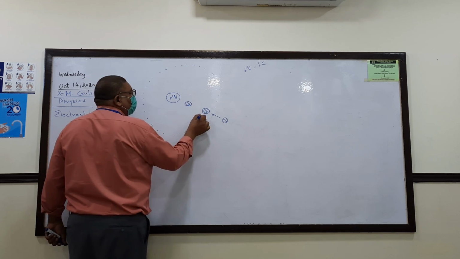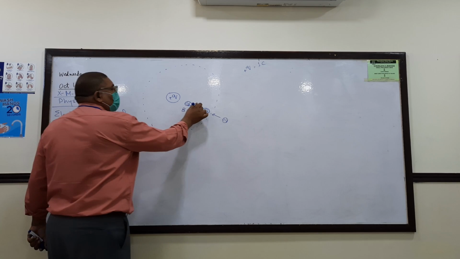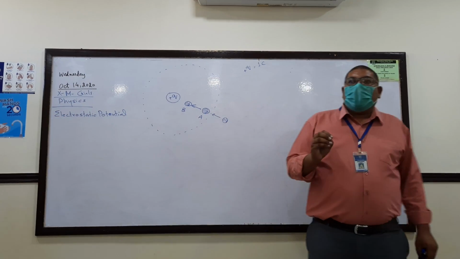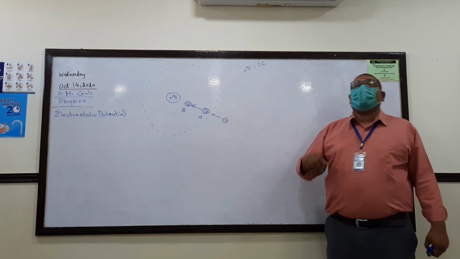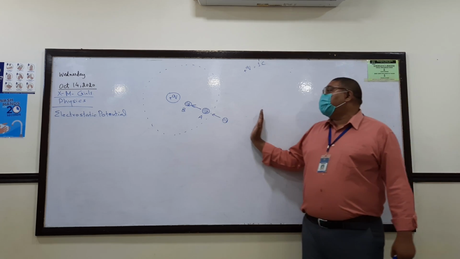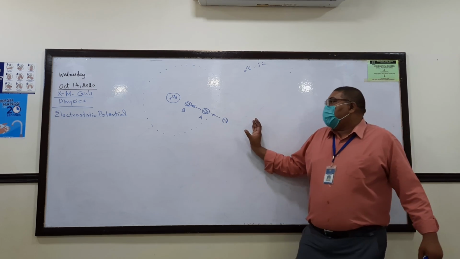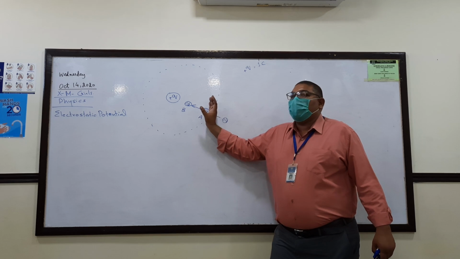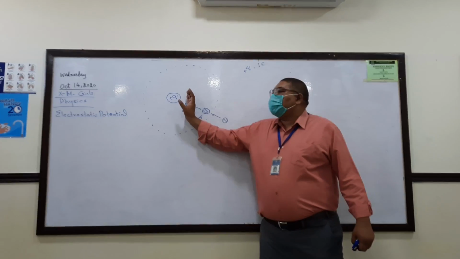Suppose this is point A, and suppose this is point B. So what happened here? I applied force, I provided energy, I did work. I pushed this test charge. It entered the electric field and I pushed it further.